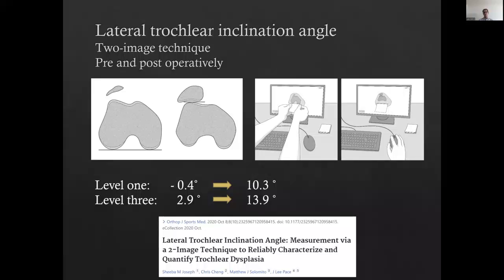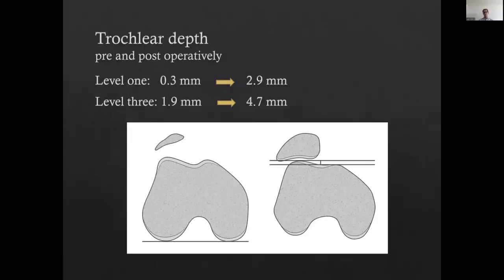On level 3, it was 2.9 and goes to 13.9, so also better there. The trochlear depth went from 0.3 to 2.9, and on level 3 from 1.9 to 4.7. And this is very close to normal.